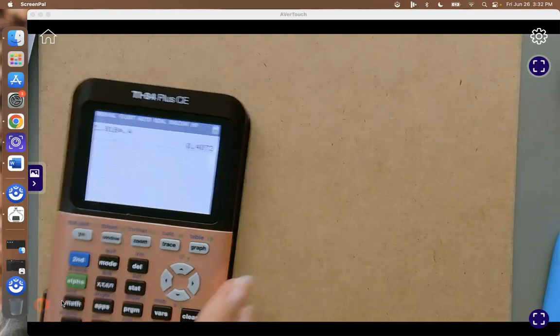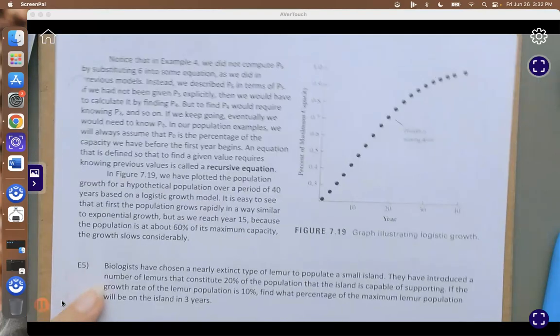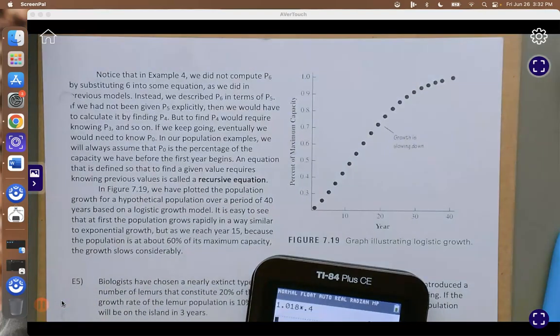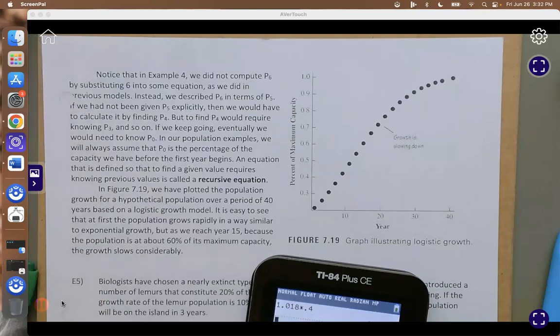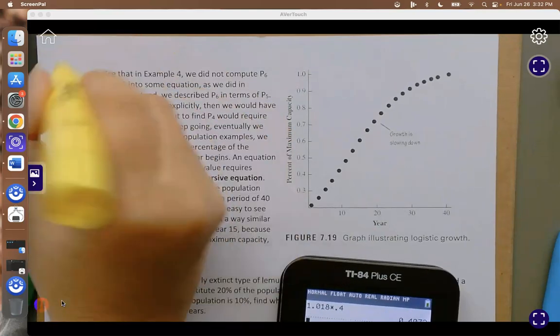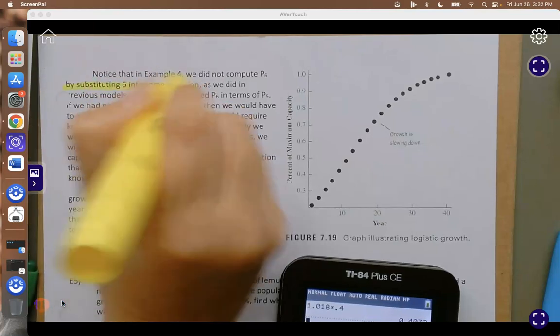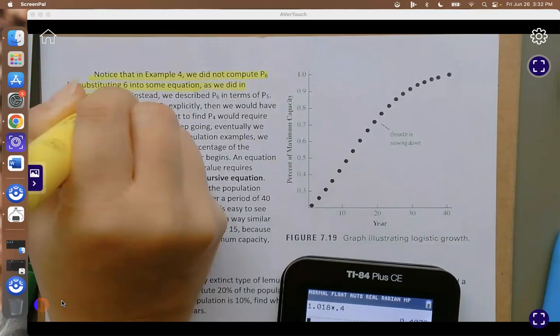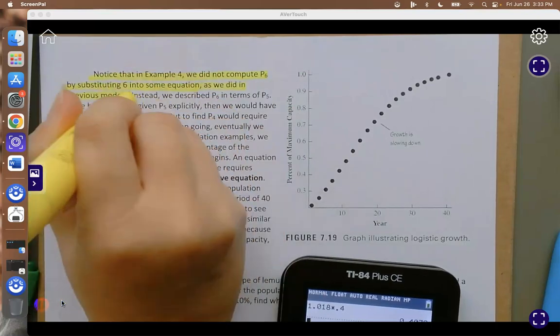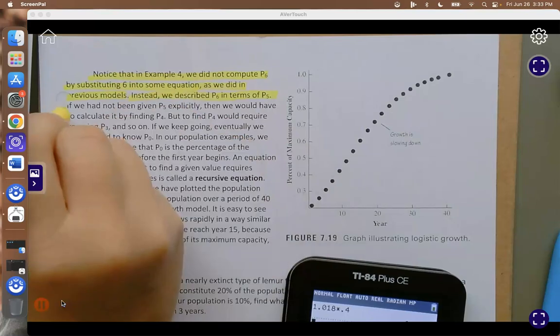All right, moving on to the next page, last page. So notice in example 4, we did not compute P of 6 by substituting 6 in the sum equation as we did in previous models. Instead, we describe P of 6 in terms of P of 5.